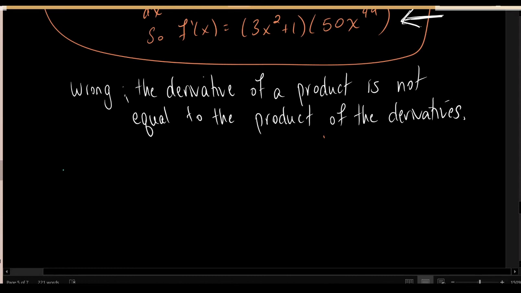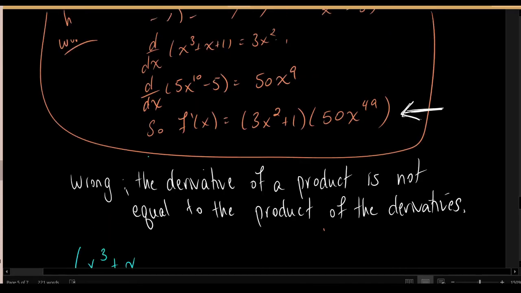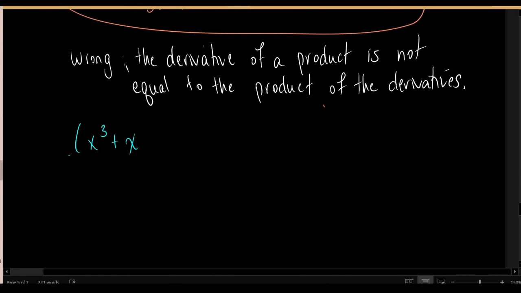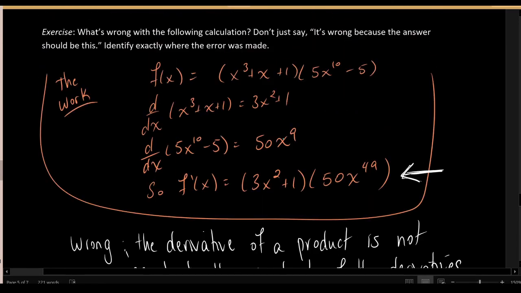I would have to copy down the entire first factor, which was x cubed plus x plus 1. Multiply that by the derivative of the second factor, 50x to the 10th minus 5.